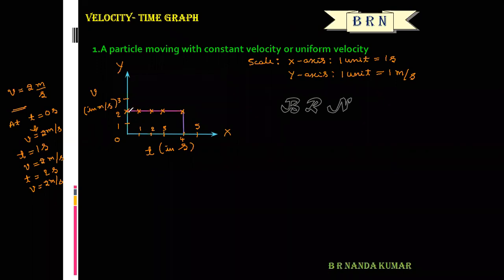So now here, let us consider this point as A, this point as B, this point as C. Actually, the area of the VT graph represents displacement.